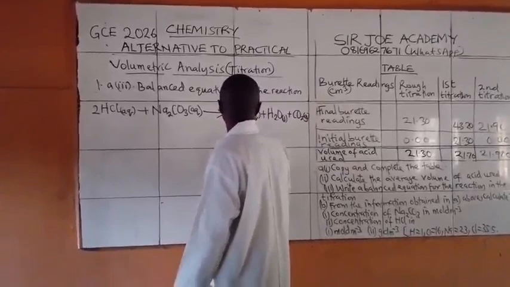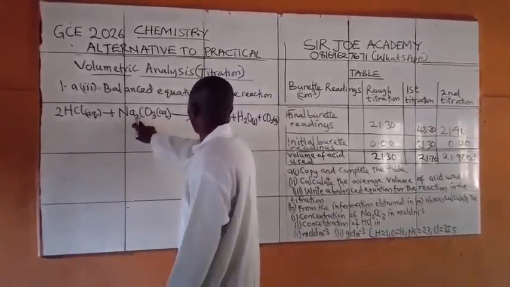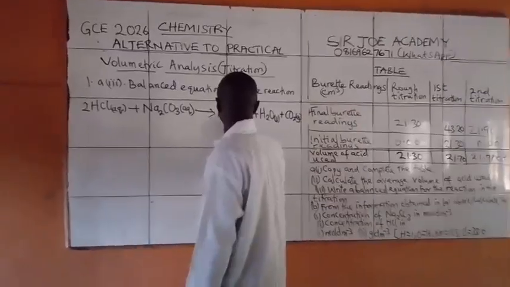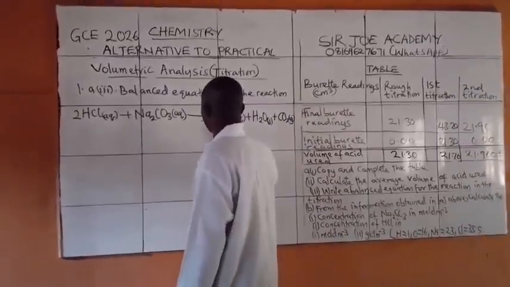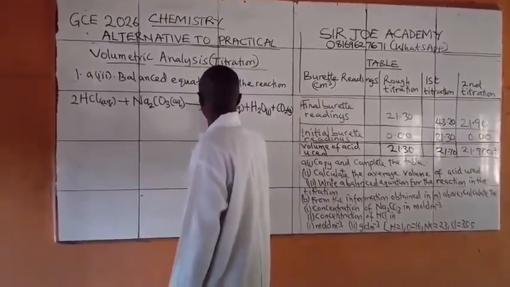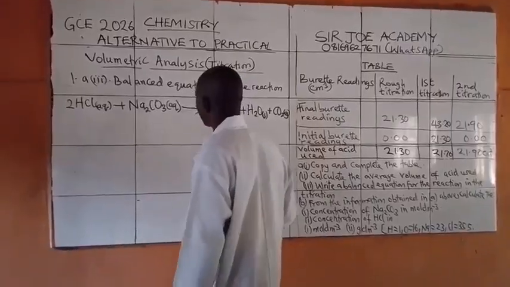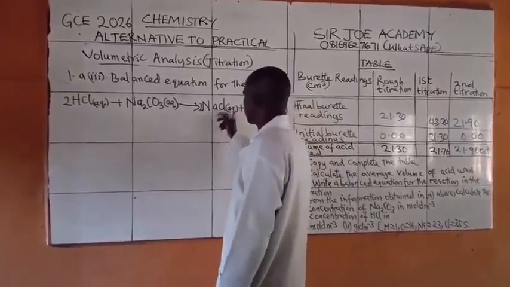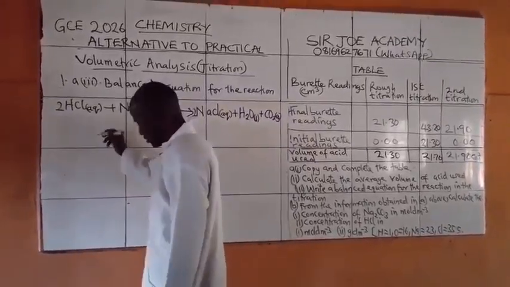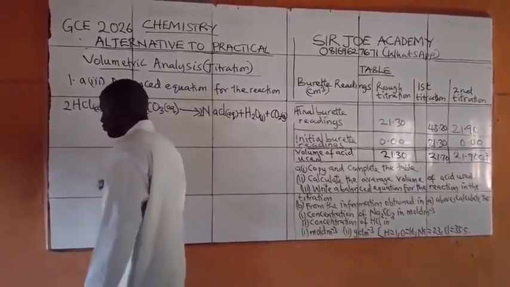For sodium, we have 2 atoms of sodium, but we have 1 here, so we have to write 2 there as well. So we now look at the mole ratio.